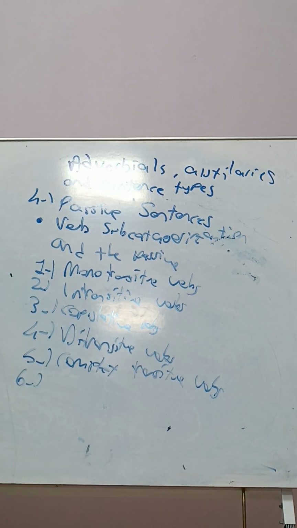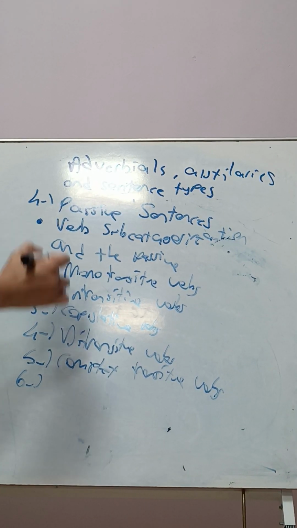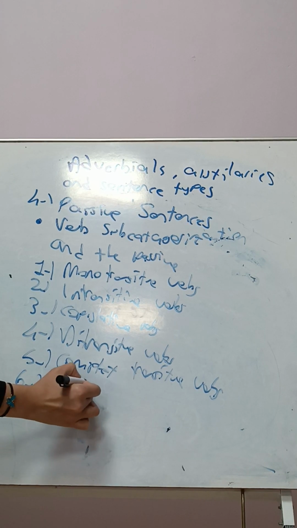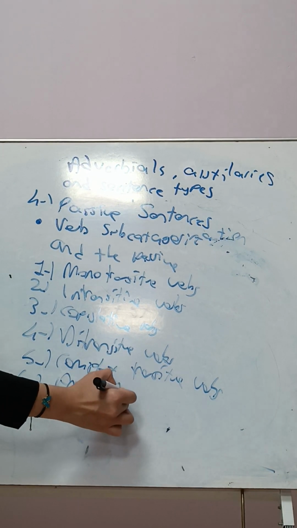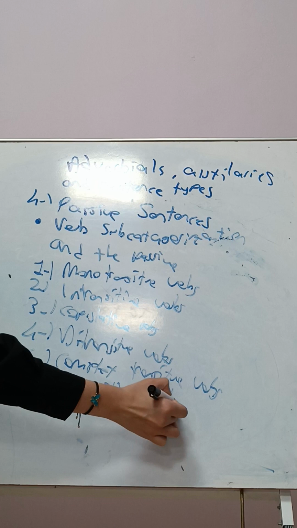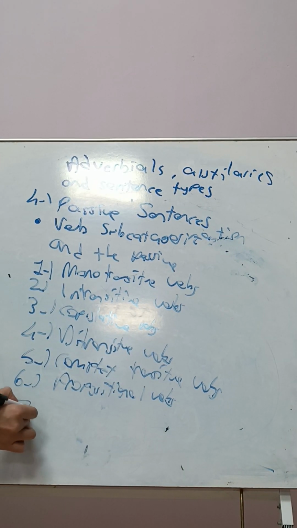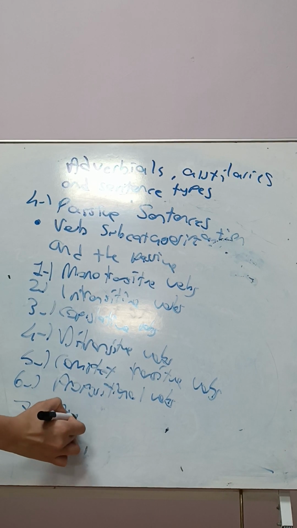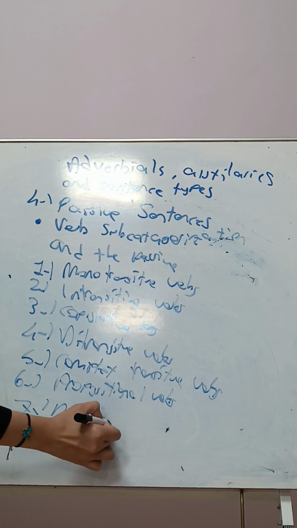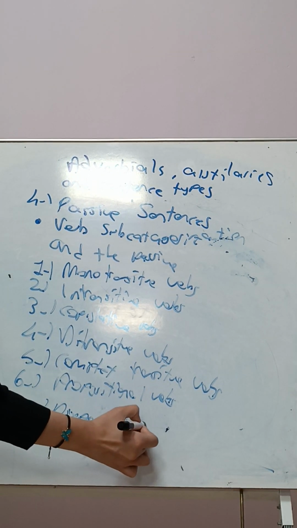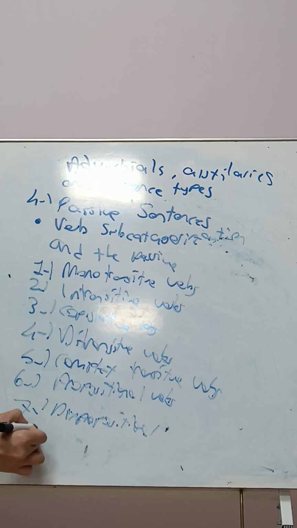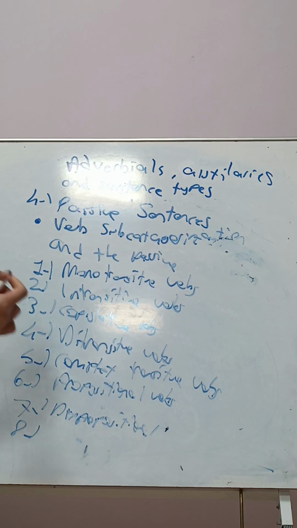Sixth one is prepositional verbs. The seventh one is deprepositional. And the eighth one and the last one is transitive phrasal verbs.